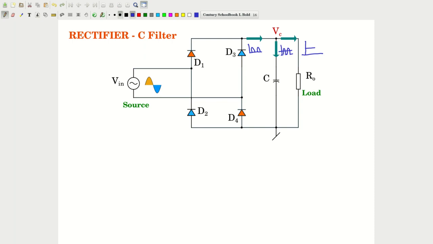We will discuss this current wave shape in more detail in the slides to come, but this is generally the idea that I want to convey: this is a current having an average value plus an AC component. The average value part goes into the load resistor, and the AC component, which has zero average value, flows through the capacitor.